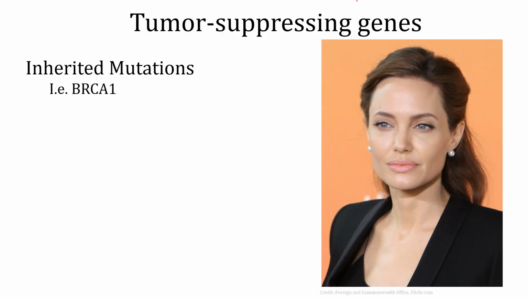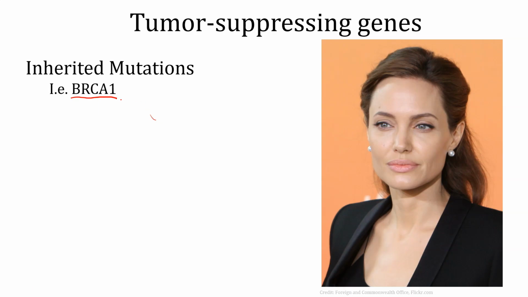An example of this would be the BRCA1 protein, which is something that suppresses the formation of cancerous cells. And Angelina Jolie actually inherited that mutation, and because of it, she had a tumor suppressing protein that wasn't doing its job. She was much more prone to cancer.